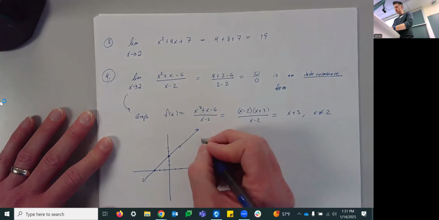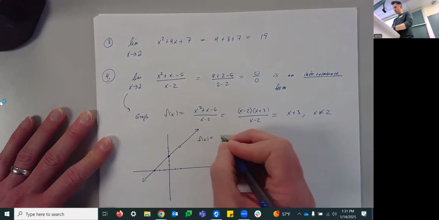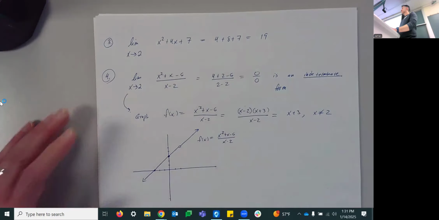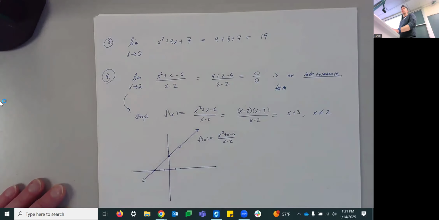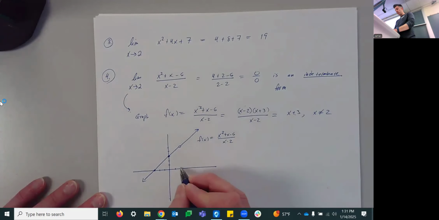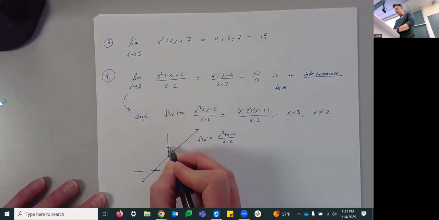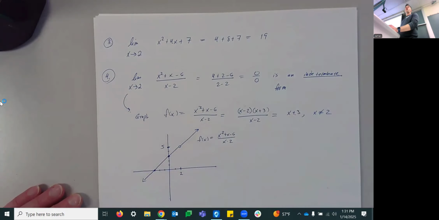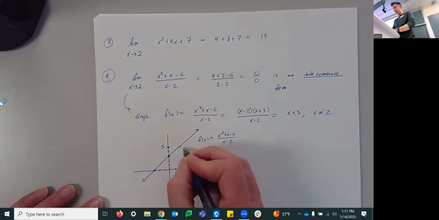Here's our function, f of x equal to x squared plus x minus 6 over x minus 2. We're missing one point. The point we would get if you could plug in 2 here. If you plugged in 2 there, you would get a y value of 5. We have a hole at the point 2 comma 5.